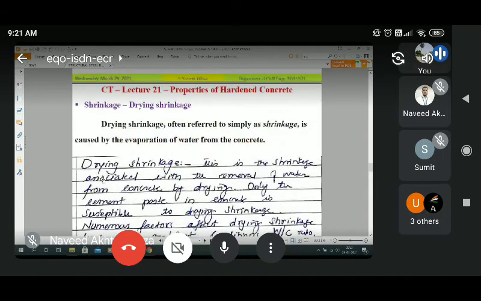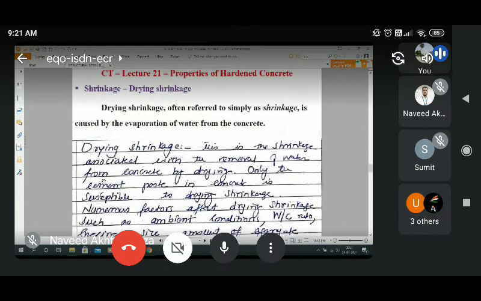We see the fourth type of shrinkage, that is the drying shrinkage, often referred to simply as shrinkage. These drying shrinkages are large and are caused by the evaporation of water from the concrete.